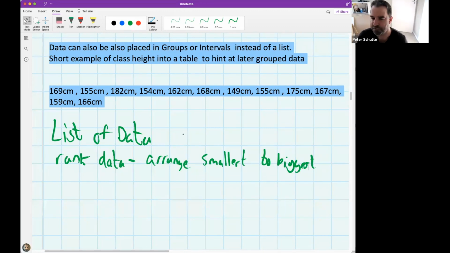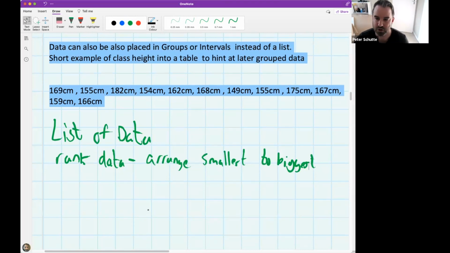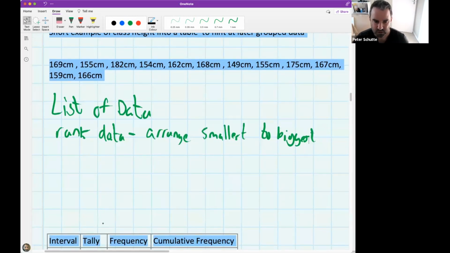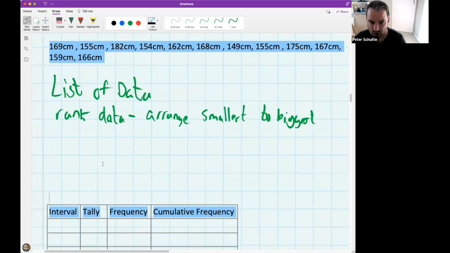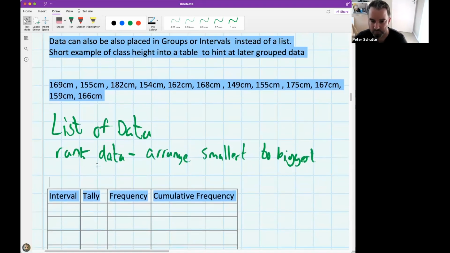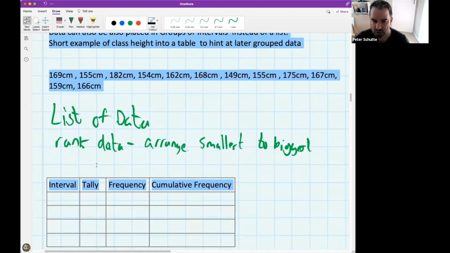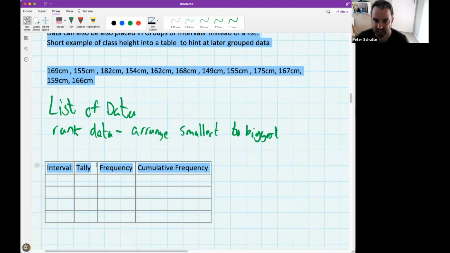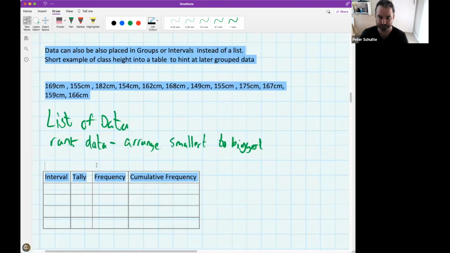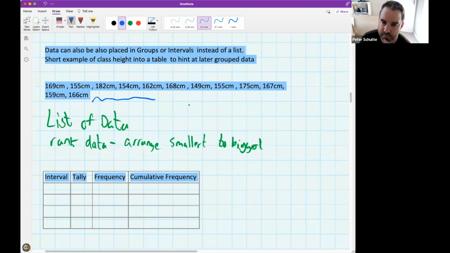So I think most of you are familiar with lists of data, but sometimes what we do is we put data into intervals. We take data and we put it into a table. So I want to do this little exercise with us and go through some more terminology. What intervals do you think I should use for my data set? Here's my data set. It's students in a class.